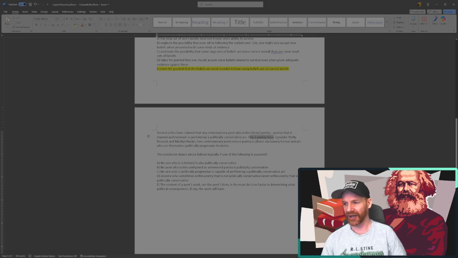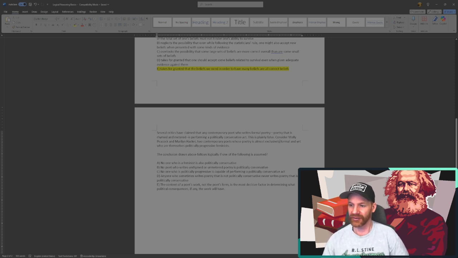But this is plainly false. Consider Molly Peacock and Marilyn Hacker, two contemporary poets whose poetry is almost exclusively formal, and yet who are themselves politically progressive feminists.